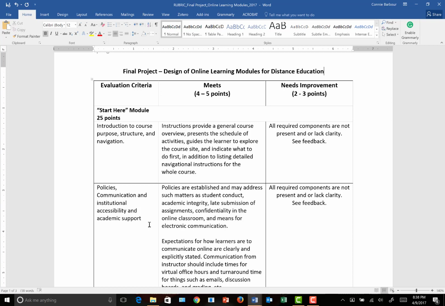A lot of times you just provide links, or you take what's in handbooks and copy and paste it, but you want to have links to your institution's accessibility and disability website, the academic support website, like the learning center and tutoring, and general stuff outside of your class. So you always want that in your Start Here module. That's best practices. Again, if you want to just put placeholders or links, just text, that's okay.